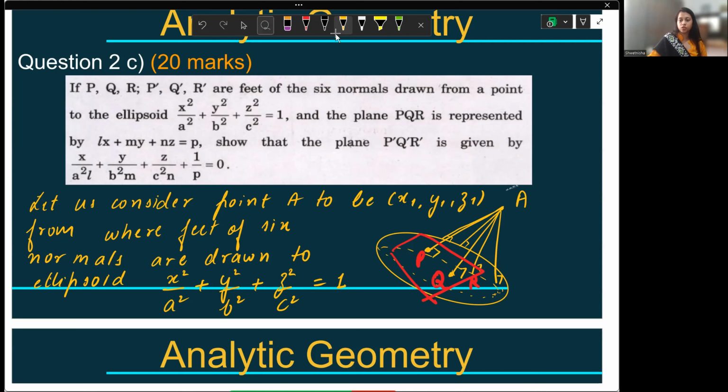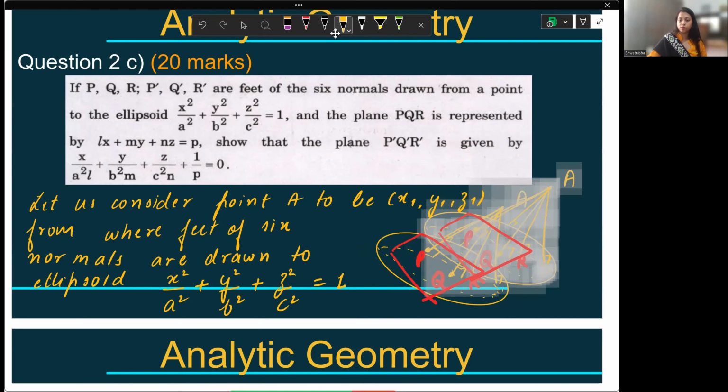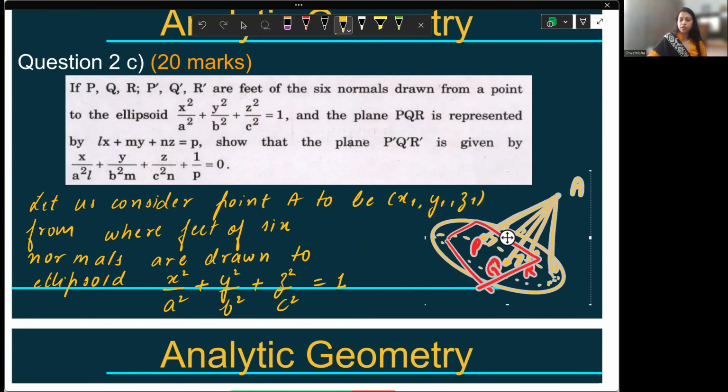And that is your first equation, the given ellipsoid.